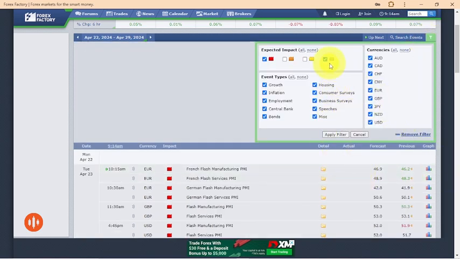In the filter, we select only the high impact news and the whole day, because we need to catch the whole day so that we can decide whether to ignore the day or trade it. I have marked only the high impact news and holiday news, and I select all the pairs, I mean all the currencies found here in Forex Factory. After selecting all, you have to click apply.